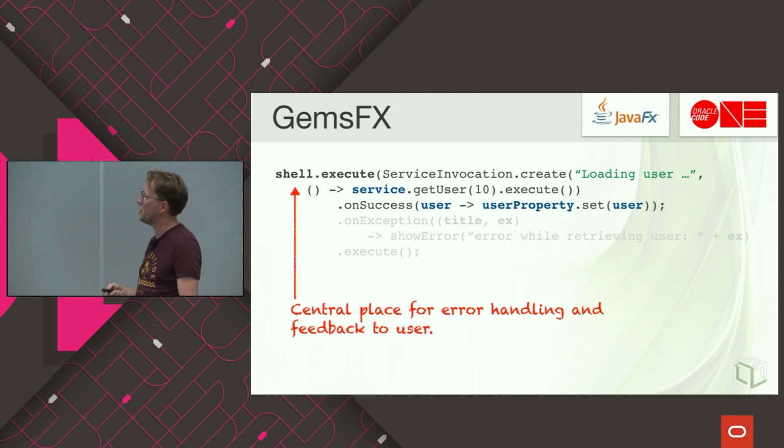And the shell will execute the ServiceInvocation for me, which means that now I do not have to deal with the onException or onError or onHTTP status code methods, because the shell, once it receives the service invocation, will set these handlers on all invocations that we pass to it, because then the shell knows, okay, something went wrong. I have to show a dialog that tells the user we received an error message.